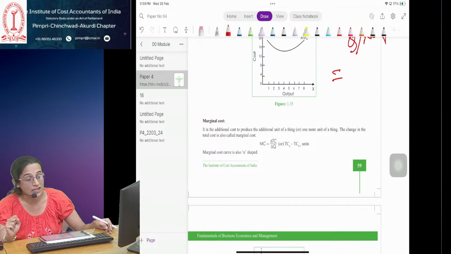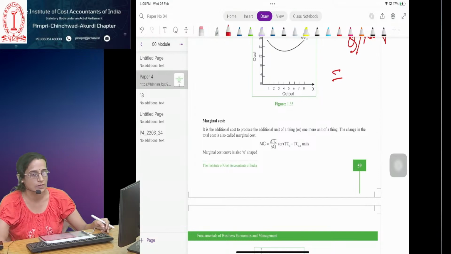We saw total cost N minus total cost N minus 1, that is, the current total cost minus the previous total cost, right? And the other: change in total cost and change in quantity.